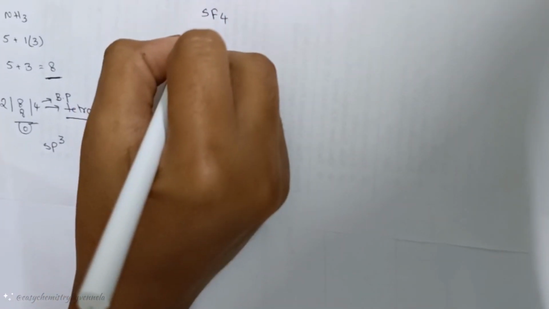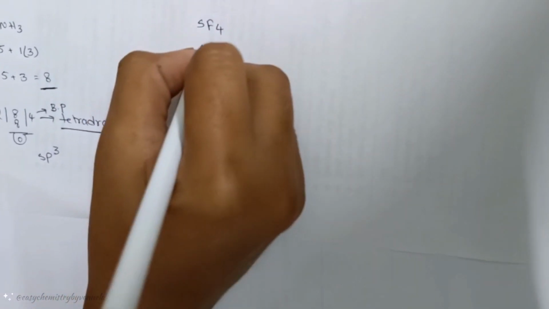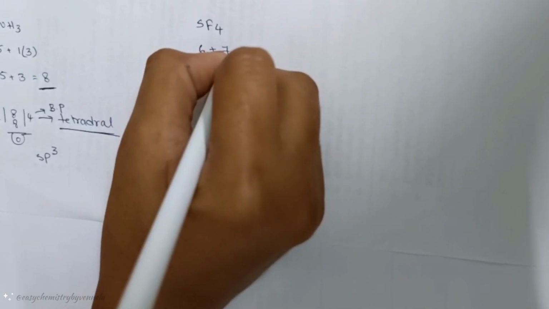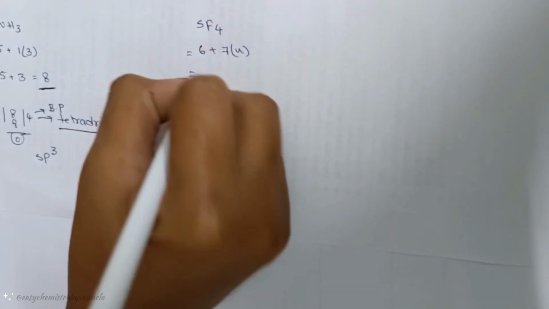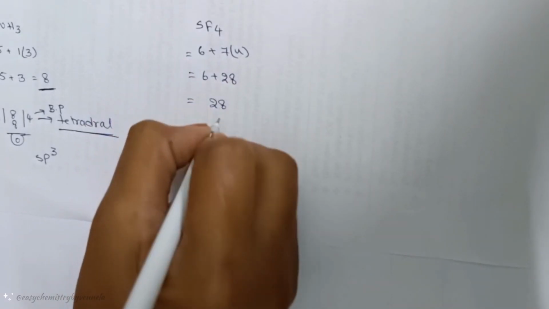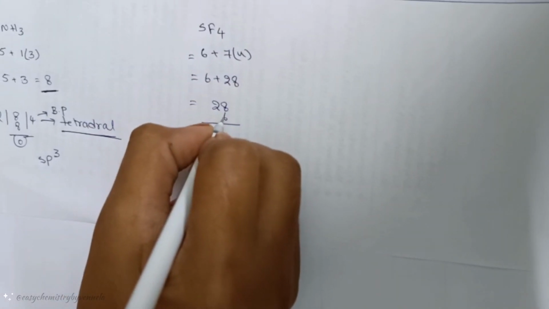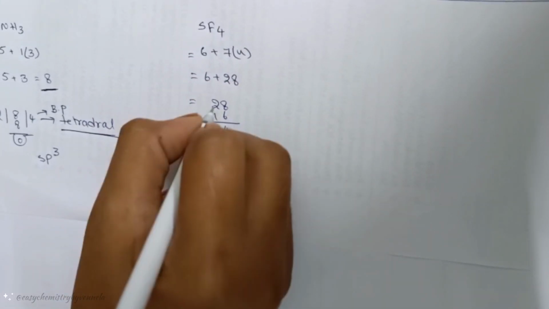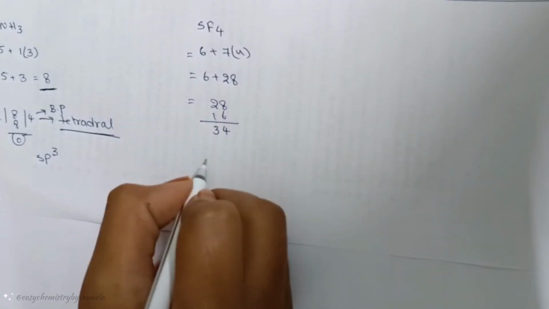SF4. Here sulfur group number is 6, fluorine 7. 7 into 4, how much? 28. 28 plus 6, 34.